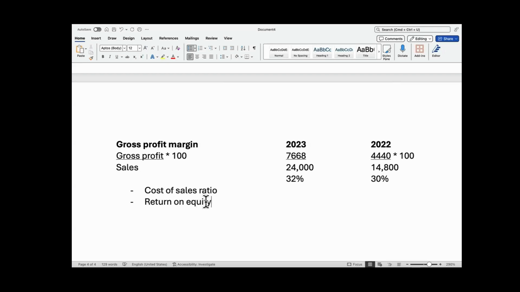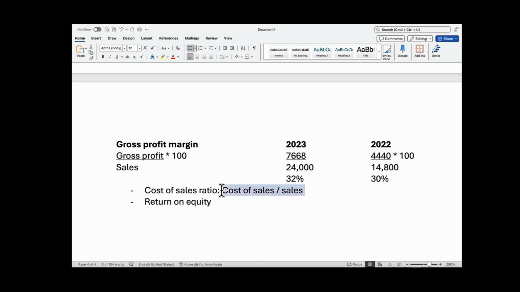So I will not really advise these in the exam. Even this cost of sales ratio is simply your cost of sales divided by sales, multiplied by 100/1.